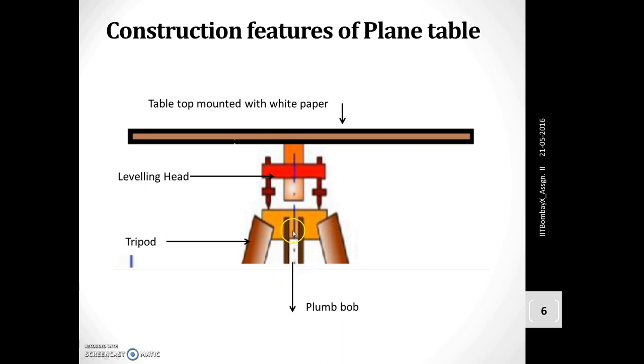This particular part helps us to attach a plumb bob. This particular surface helps us to mount the white paper to prepare the drawing on site itself. So these three things are essential: tripod, leveling head, and tabletop.